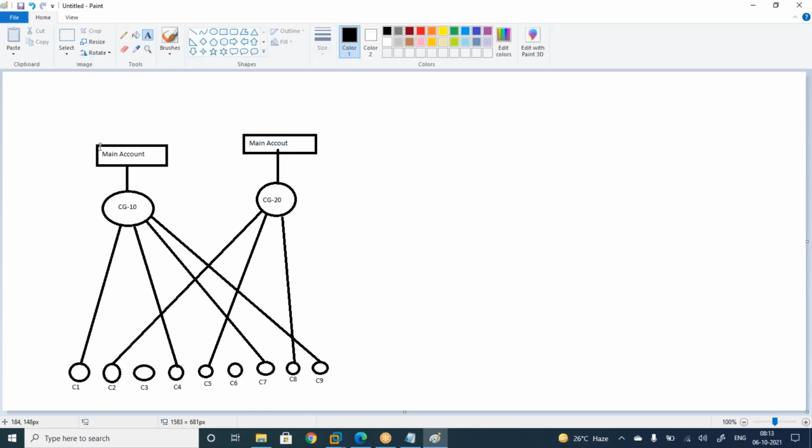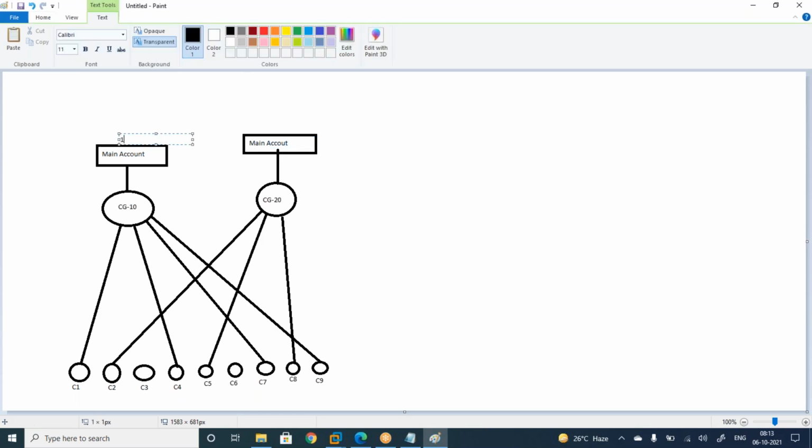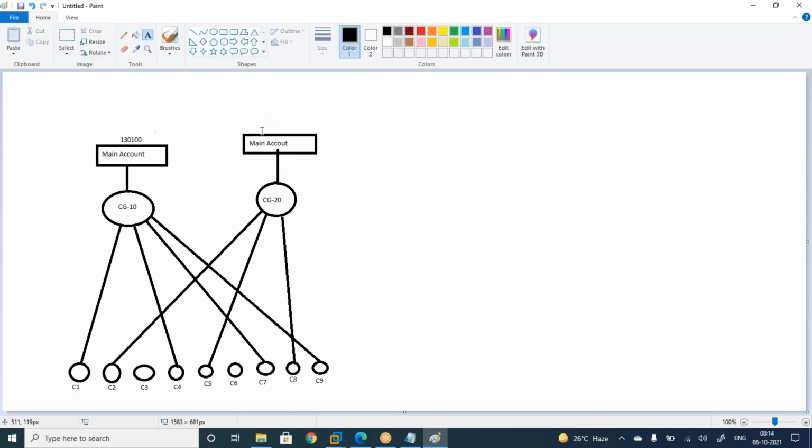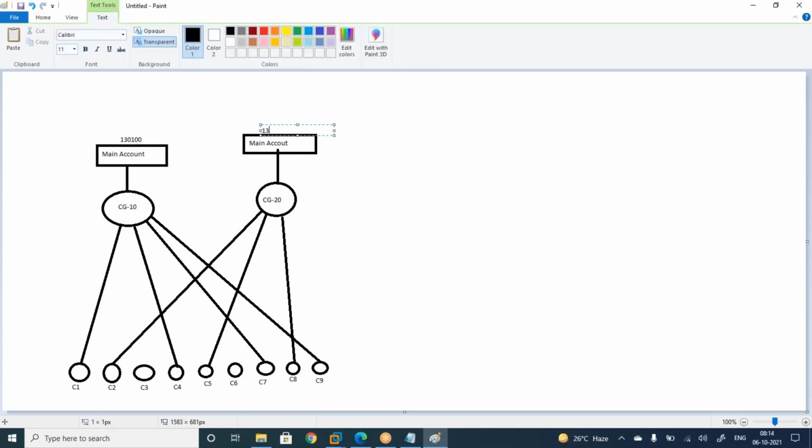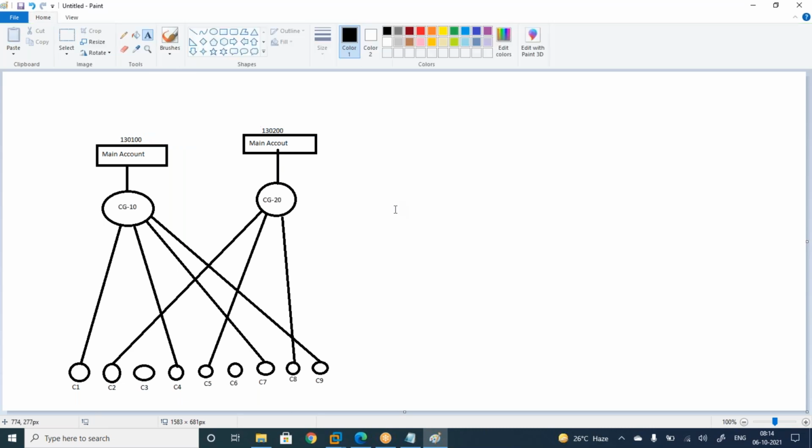Some account will map here, suppose 130 100. Here mapping 130 200. And one more customer group, the same set like this. You can create one more customer group.